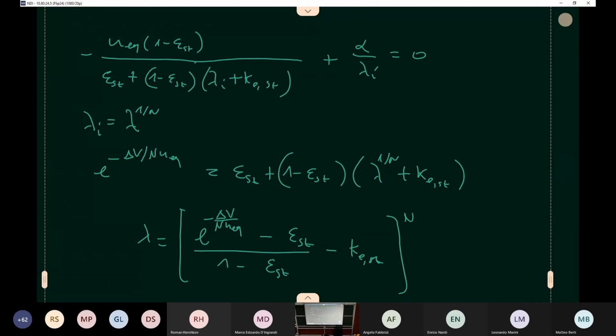You see, it's similar, but it's different because we have this k now. And in fact, you can go back to the former expression if you consider k equal to 0. You have e minus epsilon, 1 minus epsilon. And in that case, you recall that for n that goes to infinity, you have 1 minus epsilon over 1 minus epsilon, which is 1 to the power n, giving you an indeterminate form.